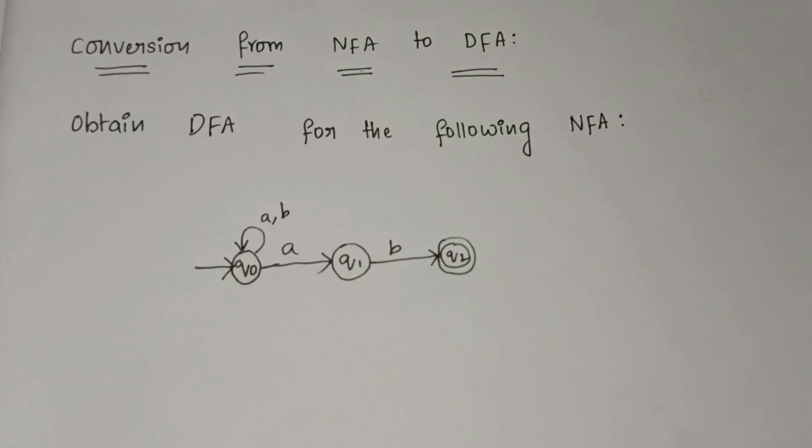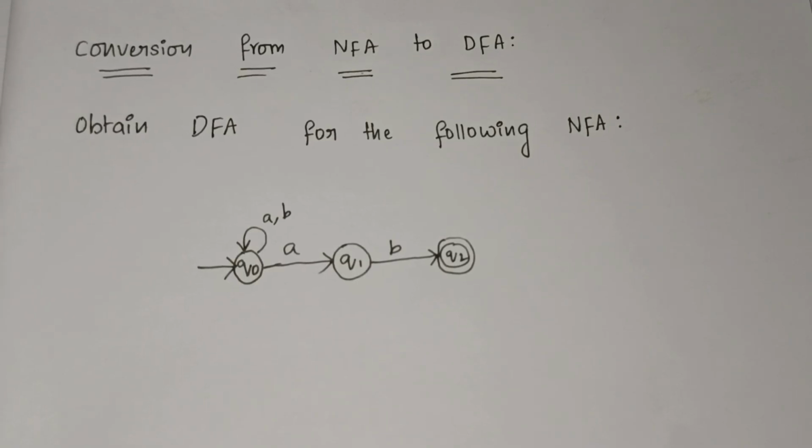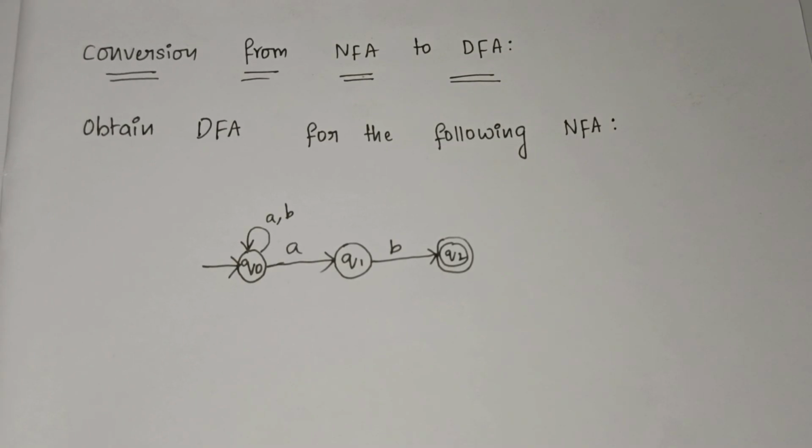Hello everyone. Today we are going to discuss converting the NFA to DFA, that is, conversion from non-deterministic finite automata to deterministic finite automata. In the last video we discussed the general procedure of converting a non-deterministic finite automata to a deterministic finite automata.